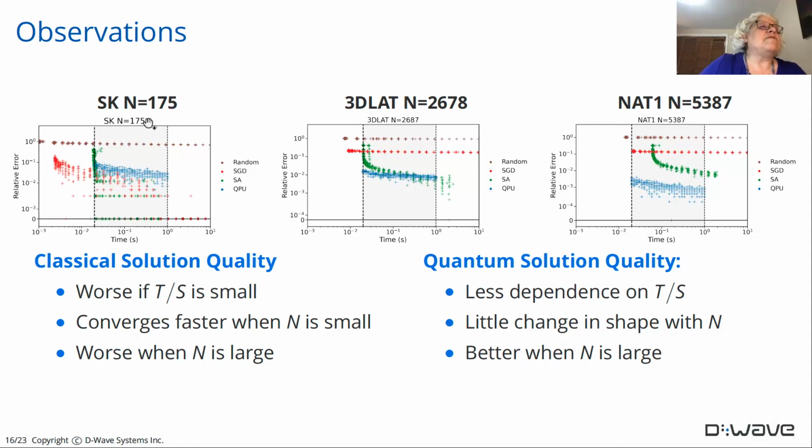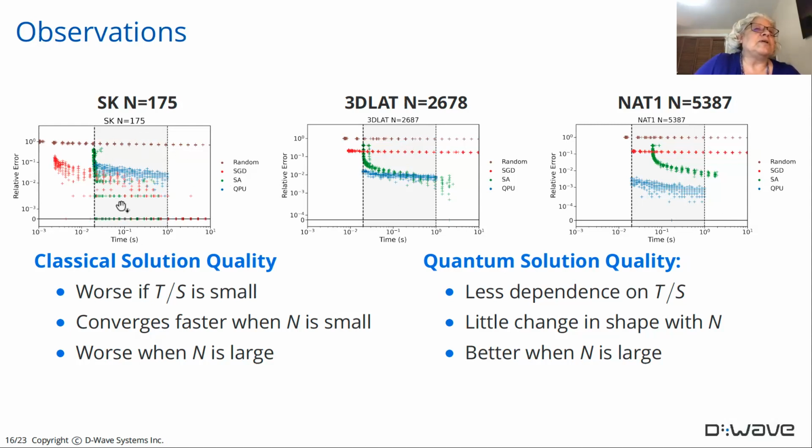So even though we're talking about a problem space of 2 to the 175 possible solutions, all of these solvers are getting within about fourth or fifth best of ground state here. Over here on the big problems, we have no idea where the ground state is. This just happens to be the best solution found once by the quantum annealer.